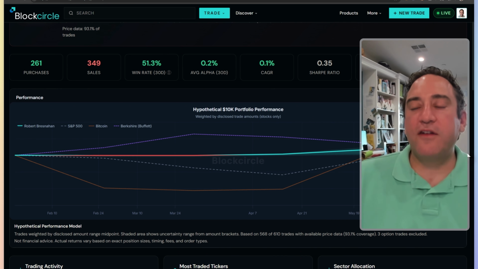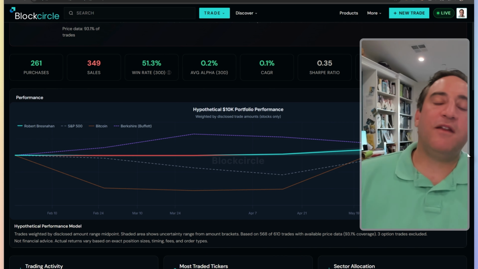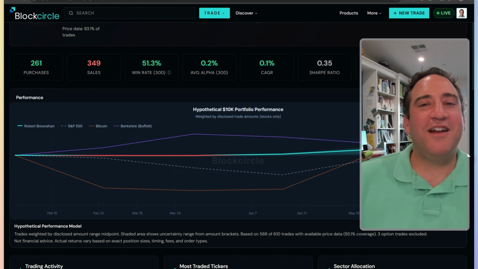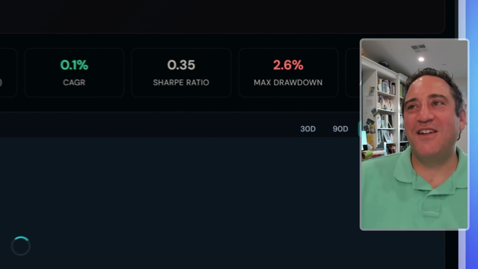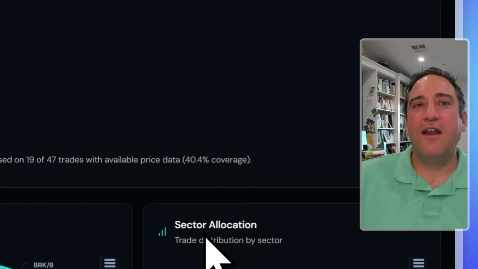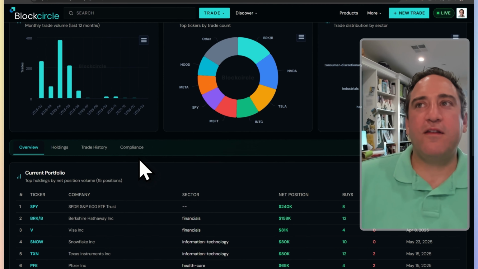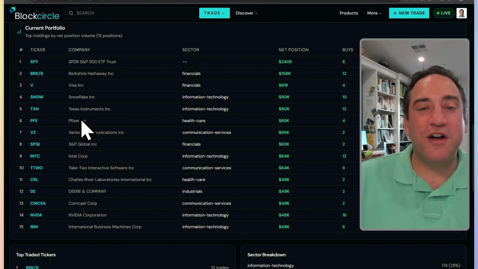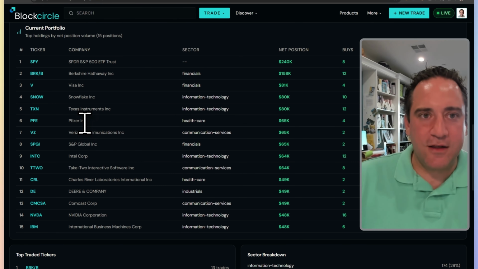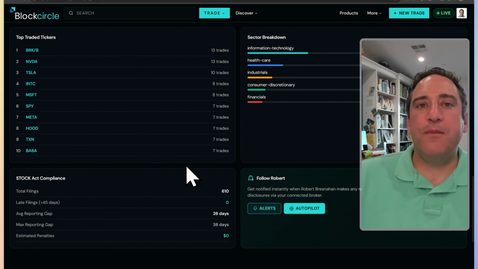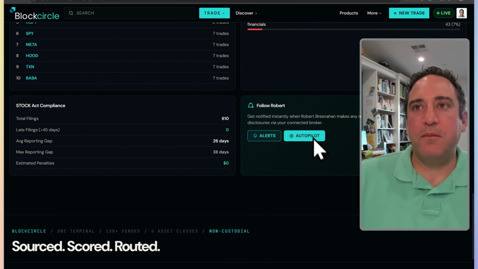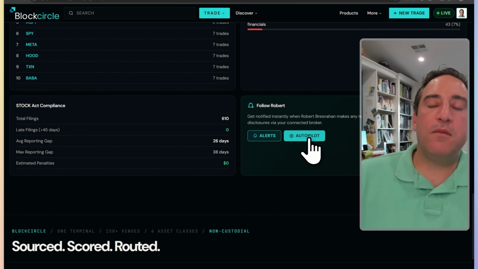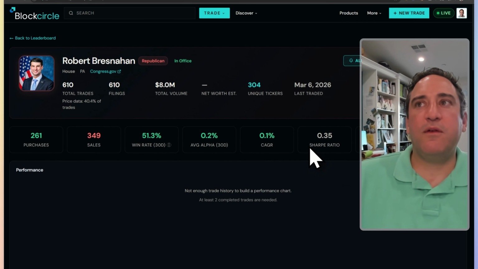He's actually outperformed Berkshire Hathaway, Warren Buffett's company, Bitcoin, and S&P 500. You can see his trading activities, sector allocations, and his current portfolio as last disclosed. And you can automatically trade what he's buying through the Autopilot program that we built that I was mentioning earlier.